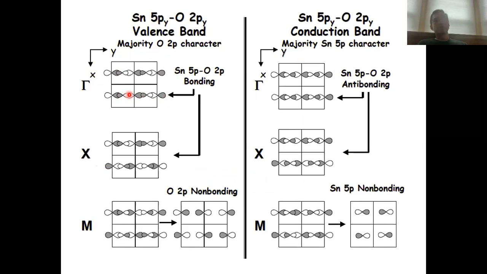Now, as we go from lambda to chi, we see that we still have a bonding molecular orbital, right? And as we go from chi to m, we go from bonding to non-bonding.